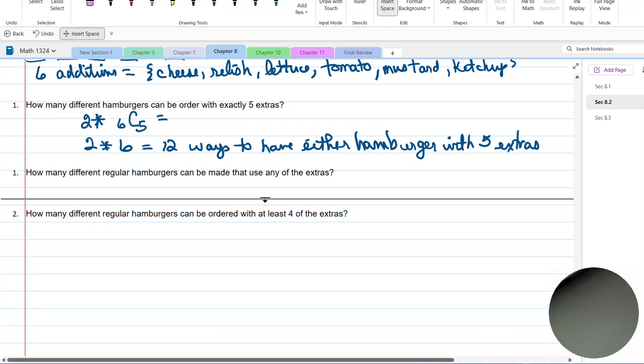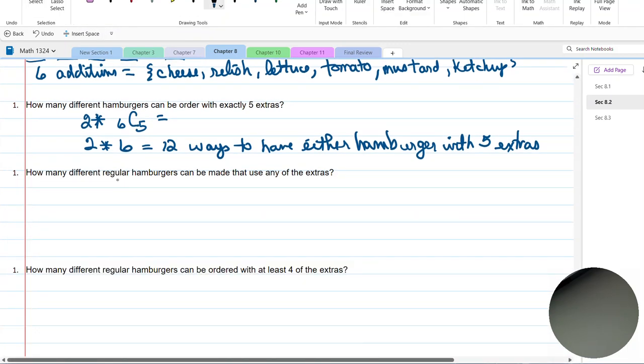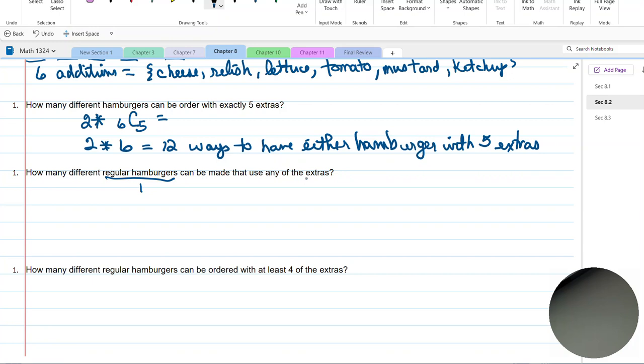So let's see what we got here. How many different regular, okay, so it's specific, so that's a 1, can be made to use any of the extras. So, all right, any of the extras. Well, that would be 1, the regular, times 6 choose 1.